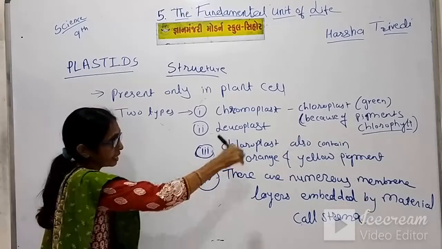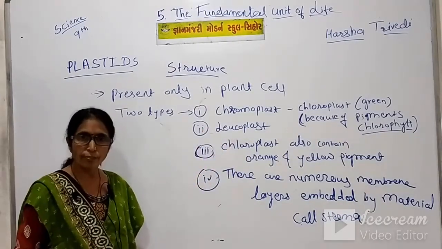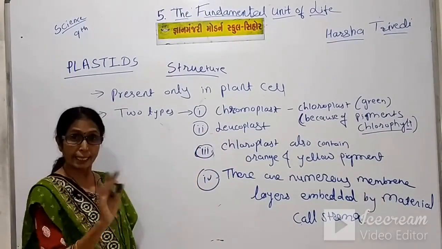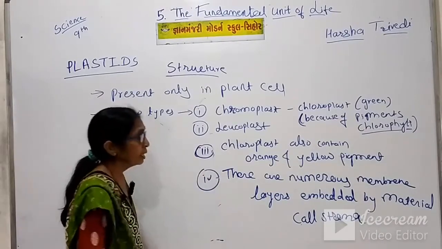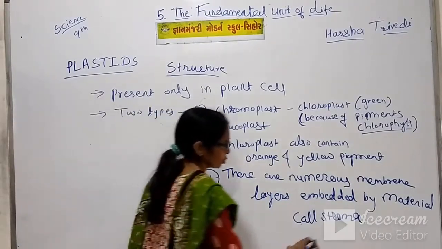So this is the internal structure of plastids. So many numerous layers are there and they are embedded by the material called stroma.